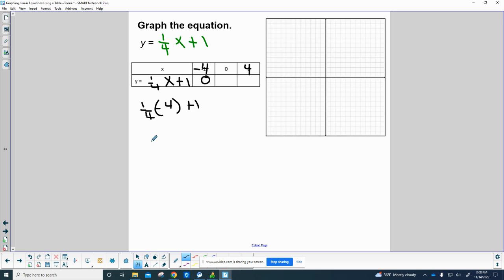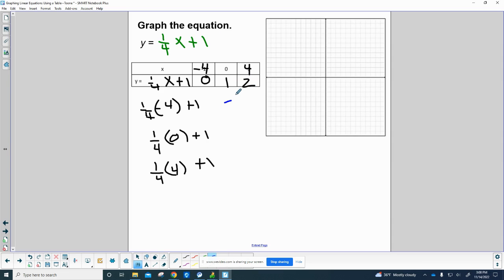Then if we put in 0, 1/4 times 0 plus 1 would be 1. And 1/4 times 4 plus 1. 1/4 of 4 is 1. 1 plus 1 is 2. So there's our 3 ordered pairs. Let's graph them up.